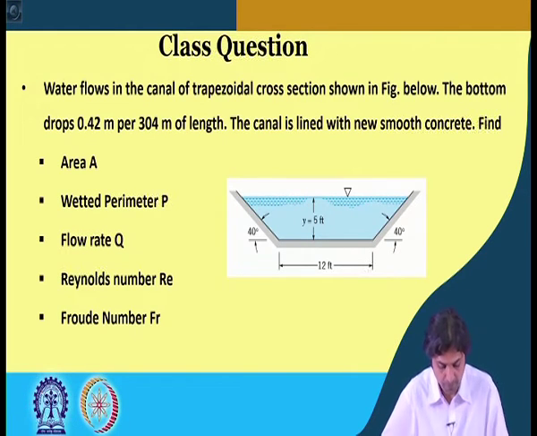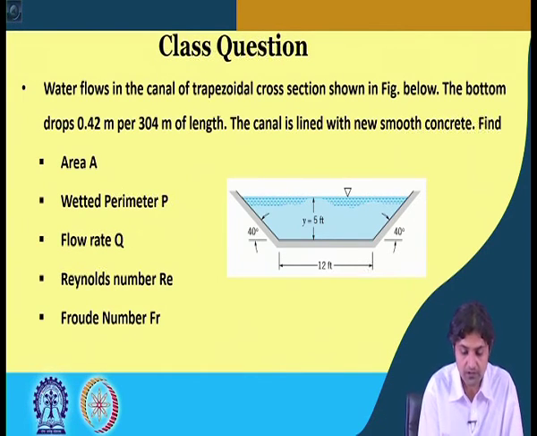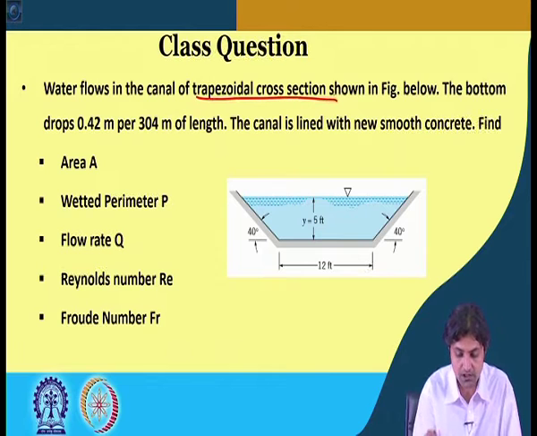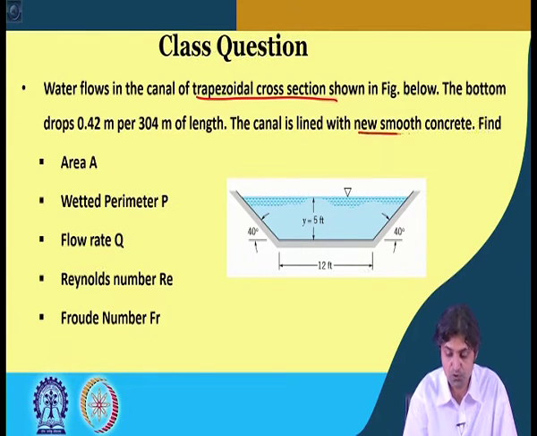You see, the channel is given here, and this is trapezoidal cross section. It says that the bottom drops 0.42 meter per 304 meter of length, and the canal is lined with the new smooth concrete.